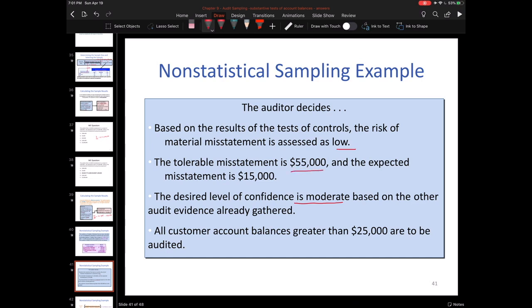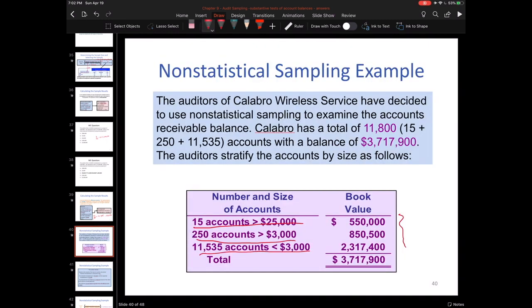Tolerable misstatement is 55, expected misstatement is 15, and all customer account balances greater than 25K are to be audited, which means these 15 accounts greater than 25K, I want to test 100% of them, and really I'm interested in sampling from these two portions of the population, right? This portion of the population, I'm testing 100%.